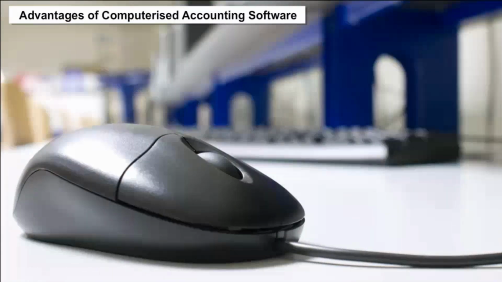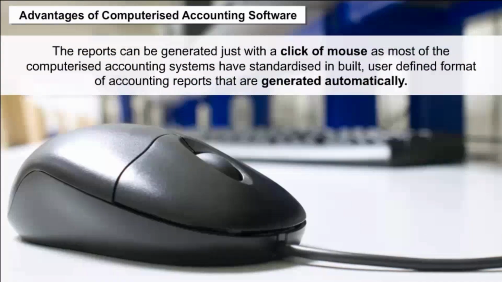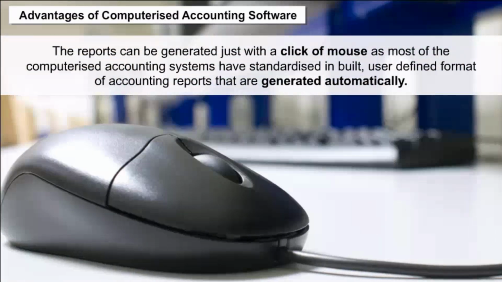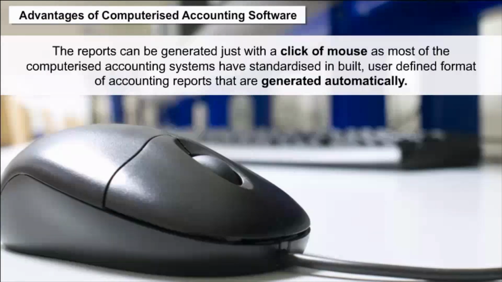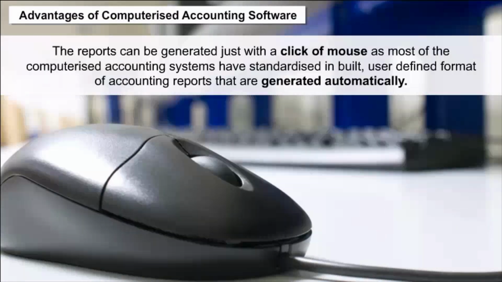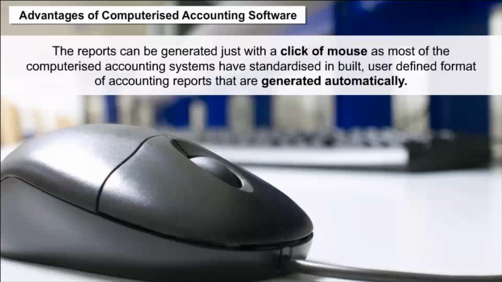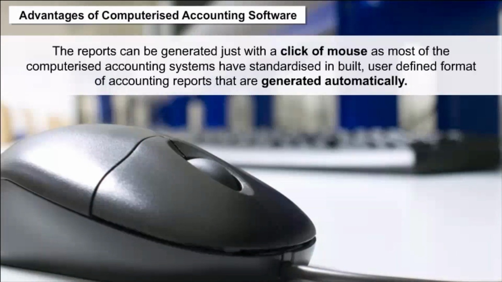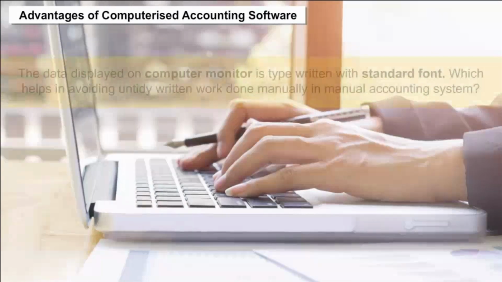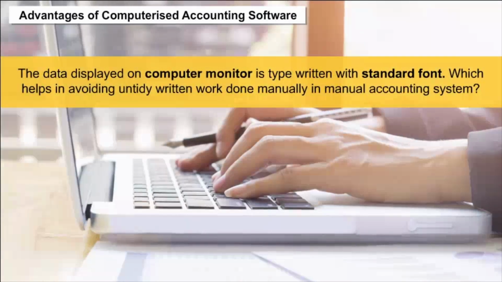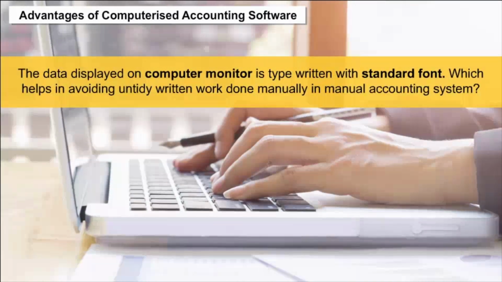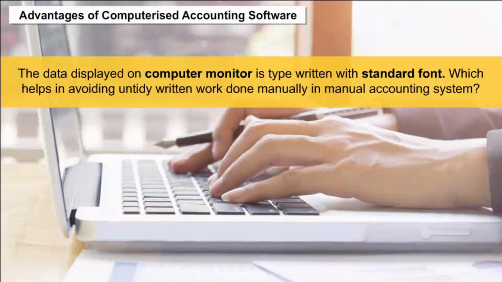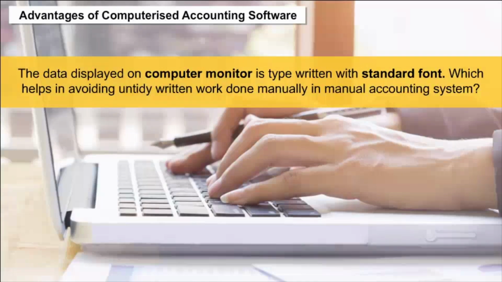In computerized accounting system, the reports can be generated just with a click of a mouse, as most of the computerized accounting systems have standardized and built-in user-defined formats of accounting reports that are generated automatically. Legibility. The data displayed on a computer monitor is typewritten with standard font, which helps in avoiding untidy written work done manually in manual accounting system.